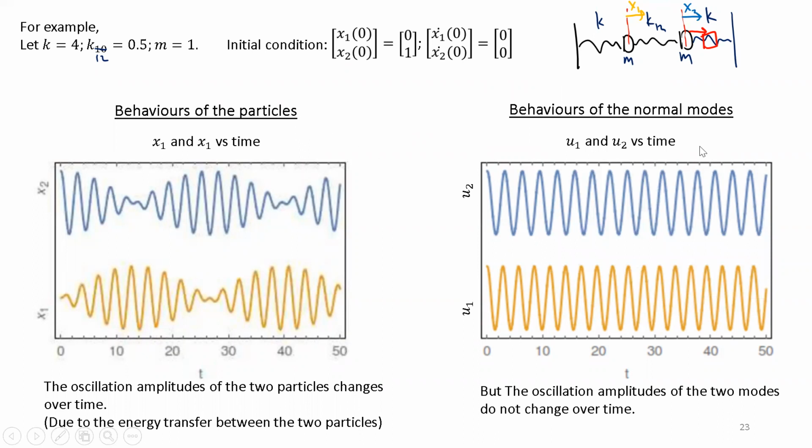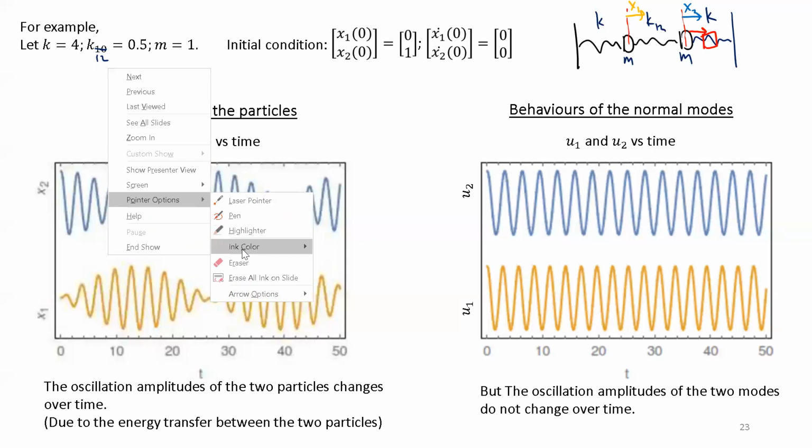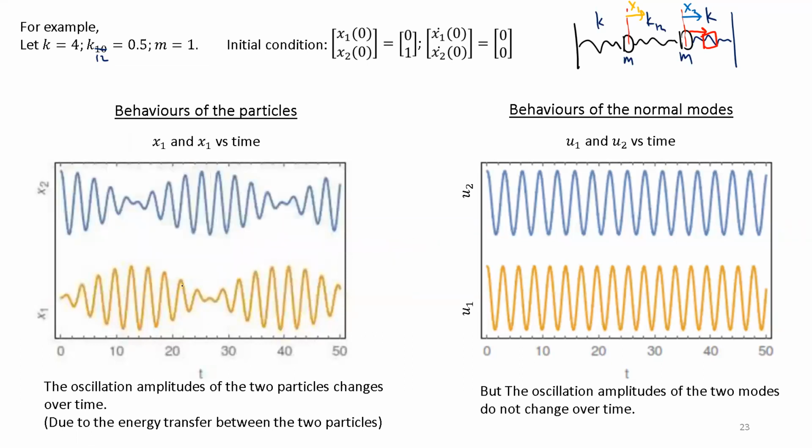So look at what happened to them individually. For x1, I'm just focusing on this curve over here. Let me also clarify that. This is the line of 0 for this curve, and for this other curve, this is the line of 0.